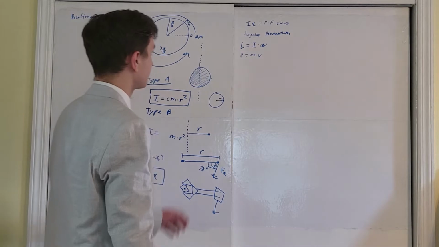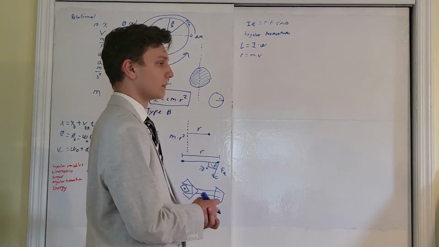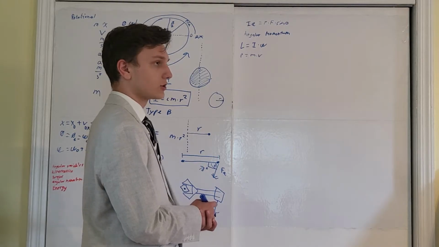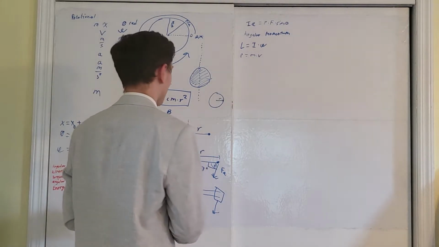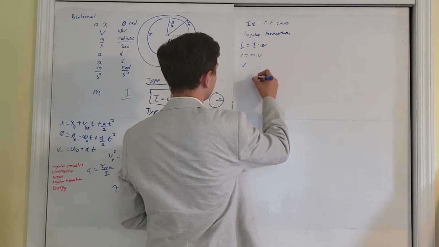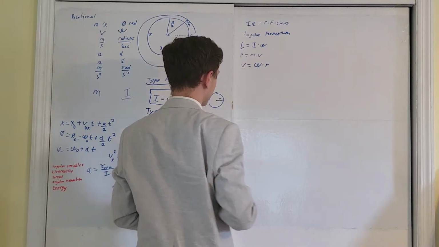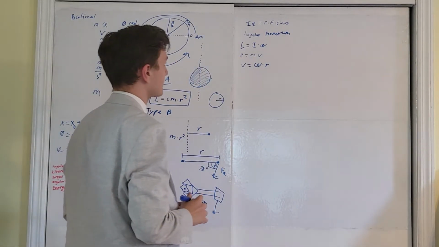Right? Makes sense. So one important thing to know when we're dealing with angular momentum is a relationship that is not given on your reference table, and that is that linear velocity v equals angular velocity times radius, okay? So what exactly does that mean?